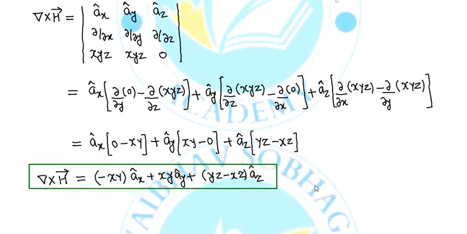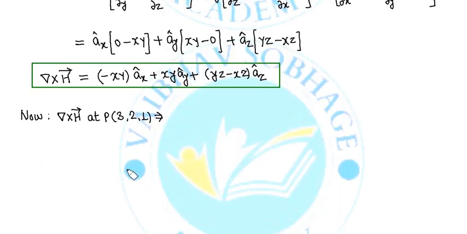Now next thing is what? We have to find out what is that del cross H at given point P. Now we have to find out the curl of a given vector H at given point P. So simply we are going to put the values of x, y and z within the curl that we have found. So what value we have for x? So we have x to be minus 3 into y is equals to 2 into ax cap plus again we have to put the value of xy.